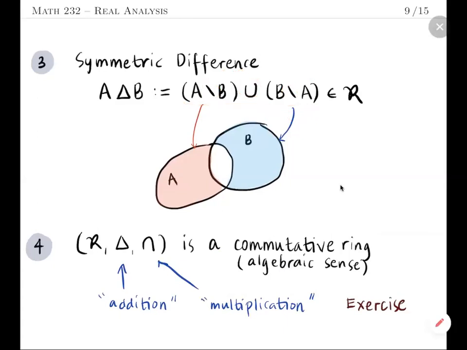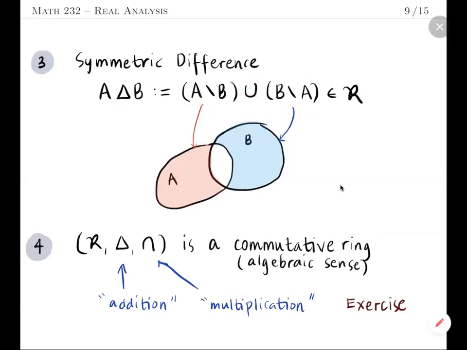Some of you might have taken an abstract algebra course, and there is a definition of a ring in that case. So in algebra, you basically have, in the case of a ring, two operations, usually denoted by plus and the notation for a multiplication.